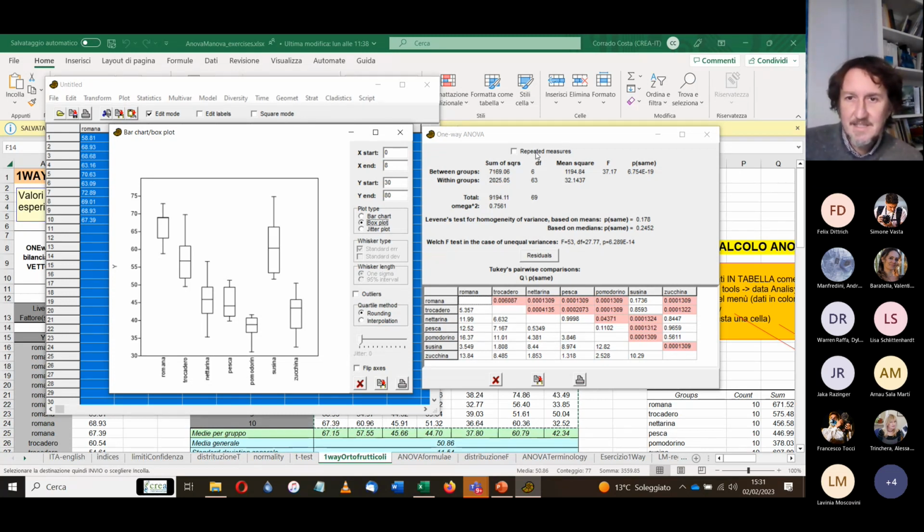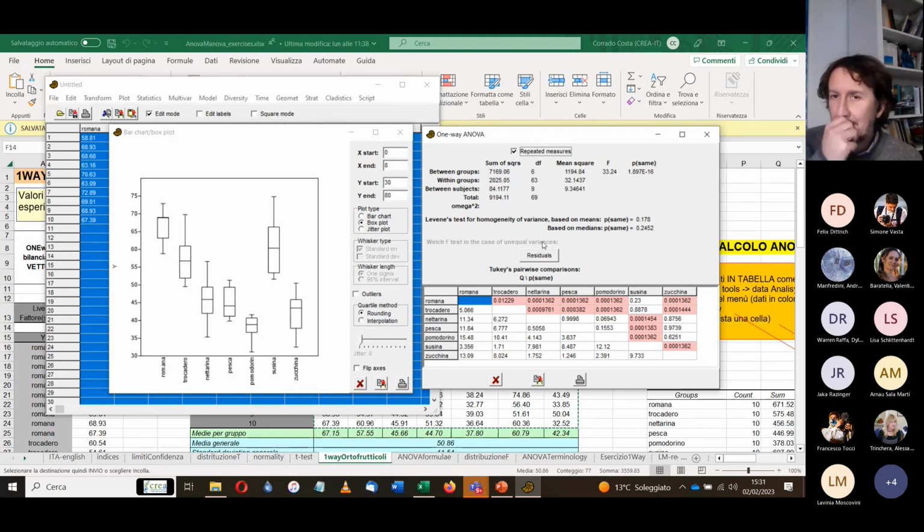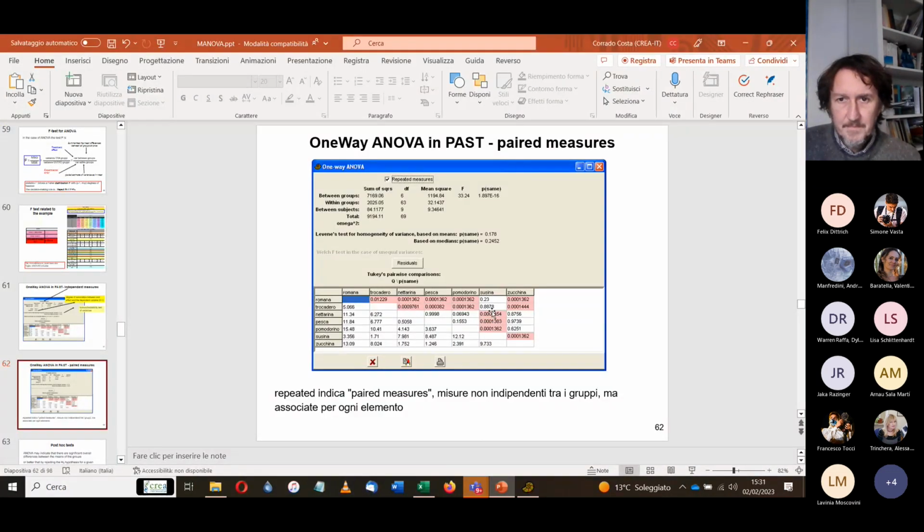So in that case, I click here, and here you can observe the values and interpret in the same way, of course, with different results, because the statistics is quite different.